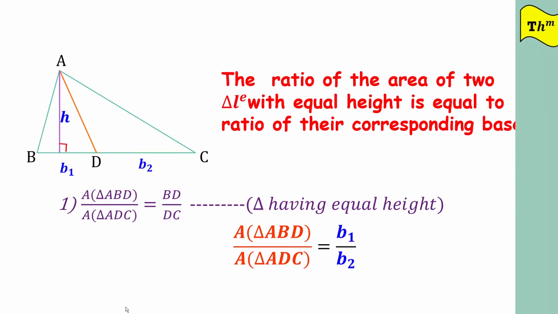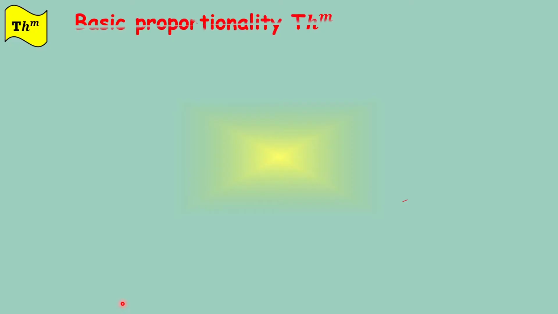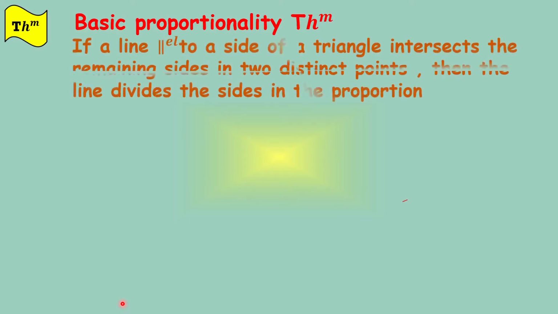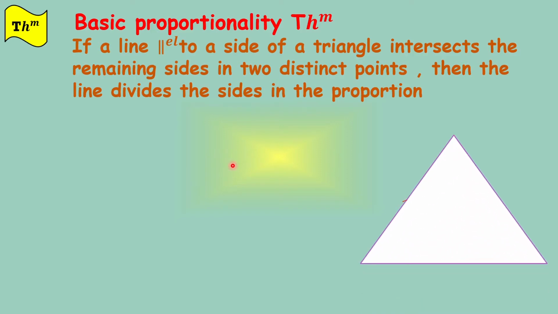Let us learn basic proportionality theorem, very important theorem. The statement of this theorem is, if a line parallel to a side of triangle intersects the remaining sides at distinct points, then the line divides the sides in proportion. Therefore we have given a triangle.